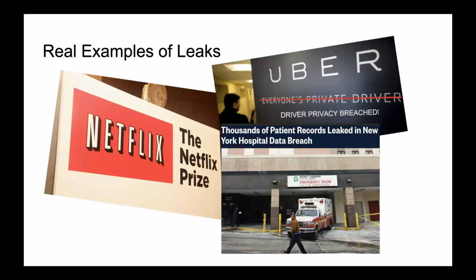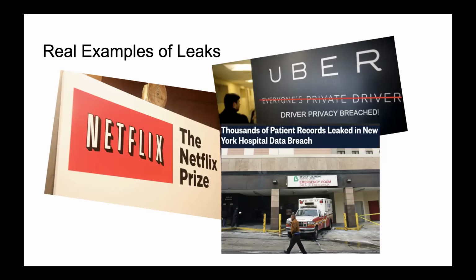I hope this makes you understand why research on this topic is important. There was also an Uber privacy leak, and a leak in a New York hospital where patients' information was leaked, and a similar situation happened with the Netflix dataset.